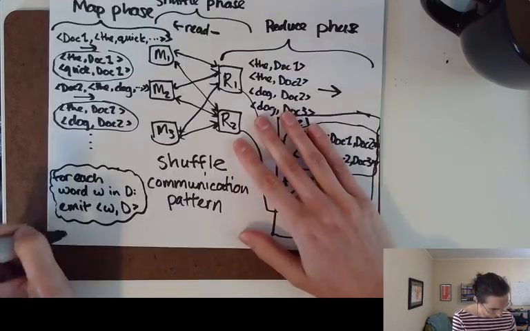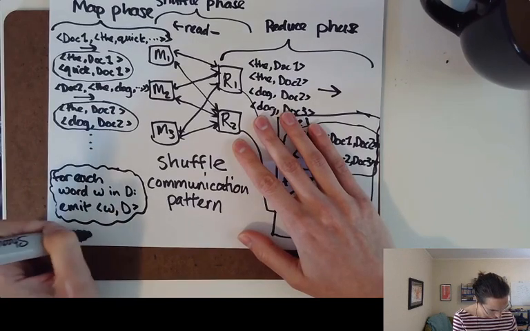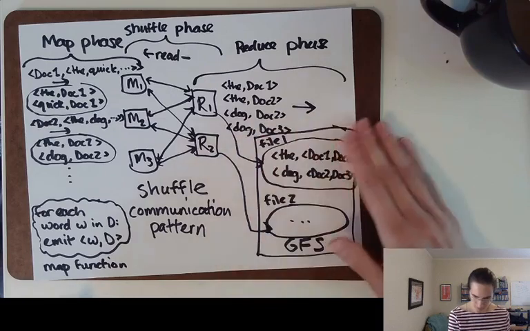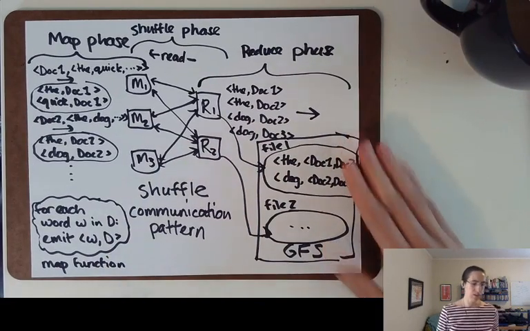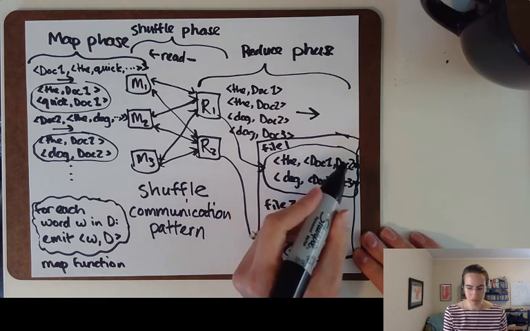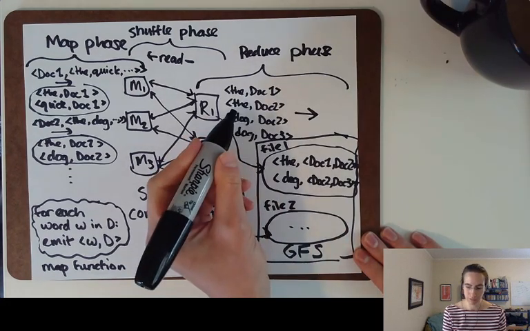So that's called the map function. And then the tiny piece of code that was specific to the reduce phase would be something like combine the documents in a list for every unique word.